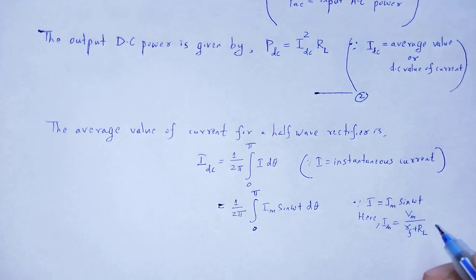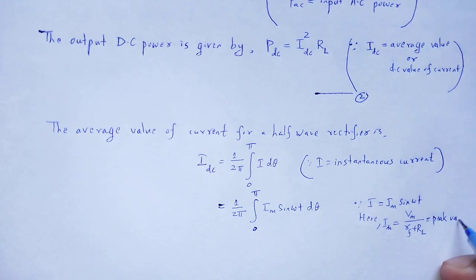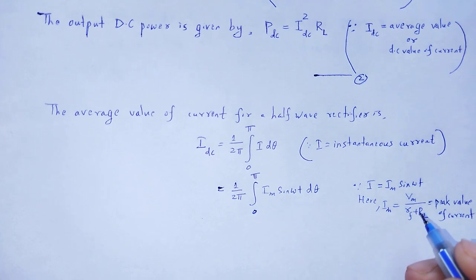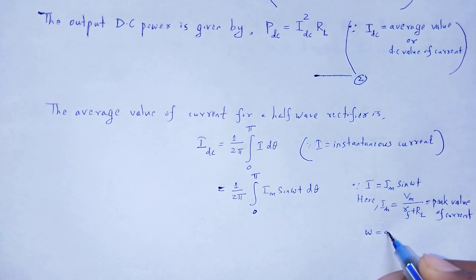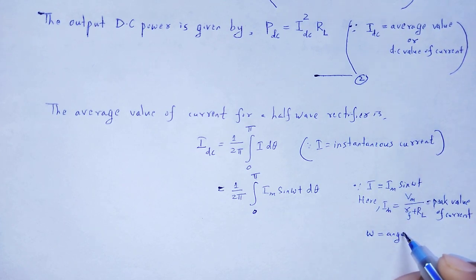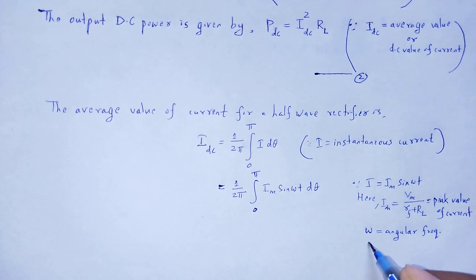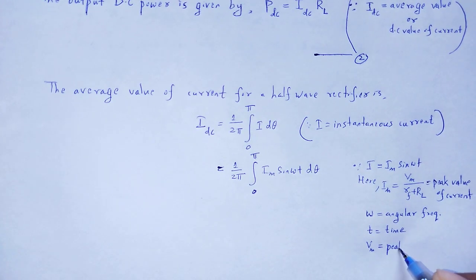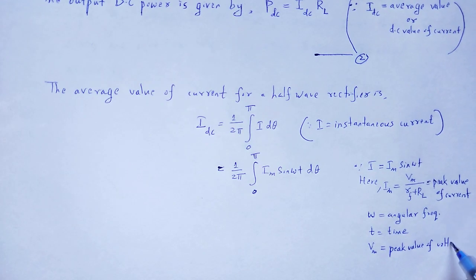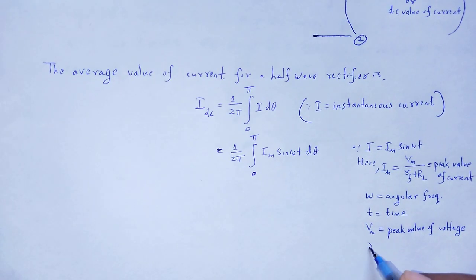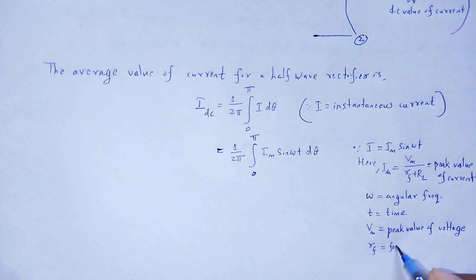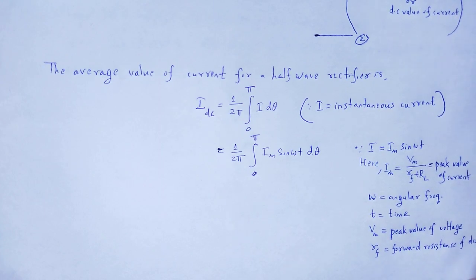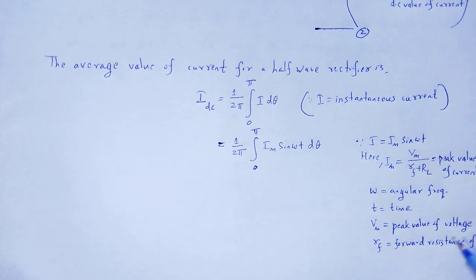That I m is called the peak value of current, where omega is the angular frequency, t is the time, V m is the peak value of voltage, R f is the forward resistance of the diode, and R L we have already known, that is the load resistance.